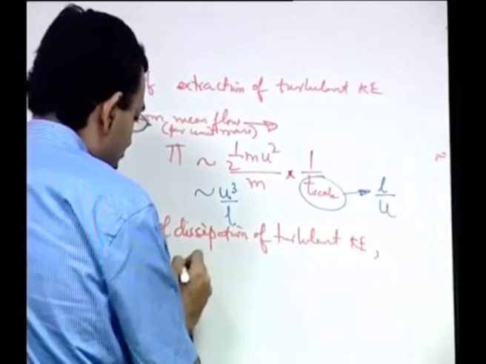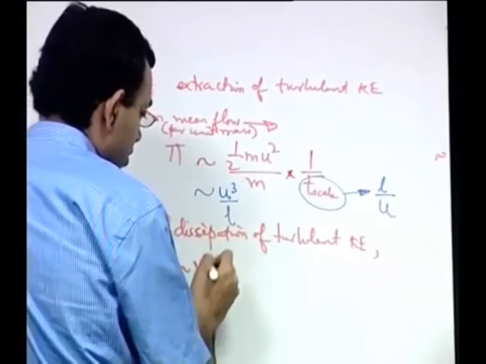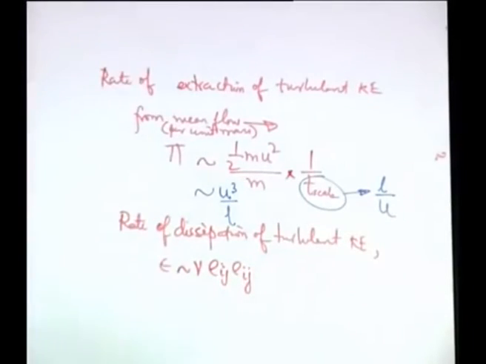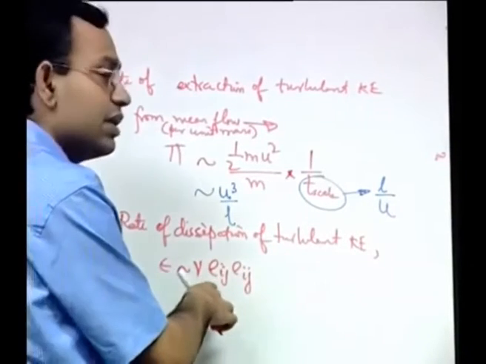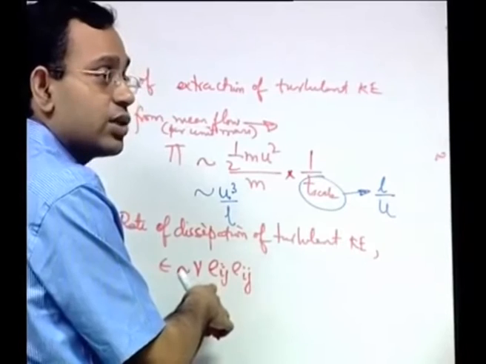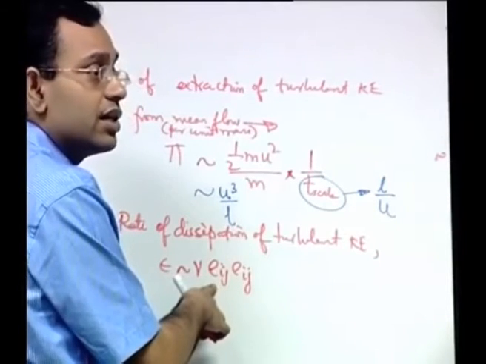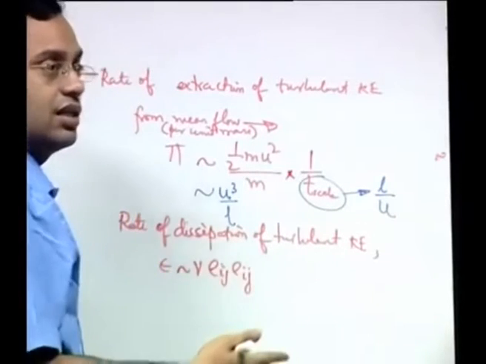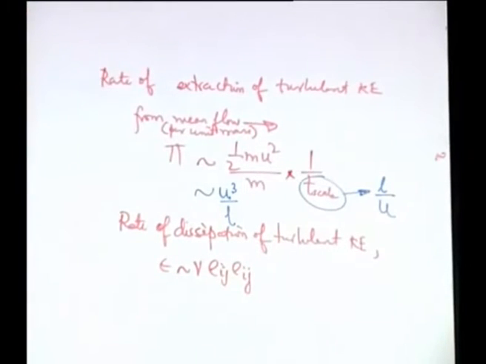It is of the order of nu Eij into Eij, where Eij is the rate of deformation tensor associated with the smallest eddy, because the smallest eddy is dissipating the entire kinetic energy, turbulent kinetic energy that has been extracted by the larger eddies through viscous dissipation.